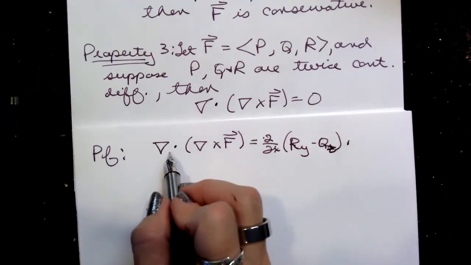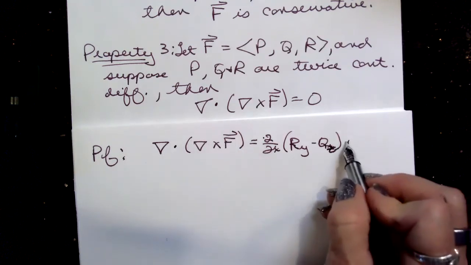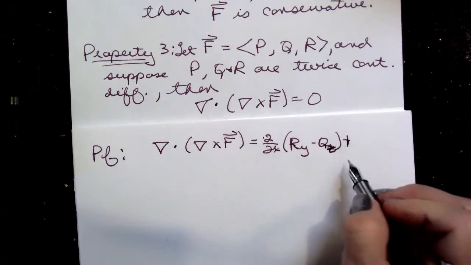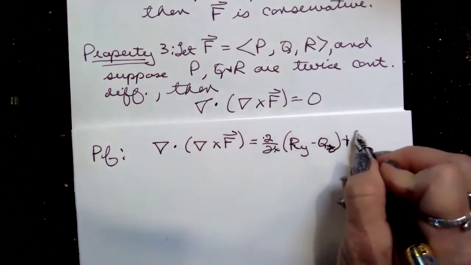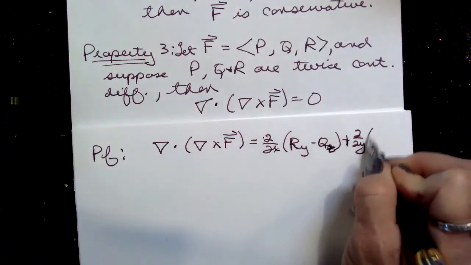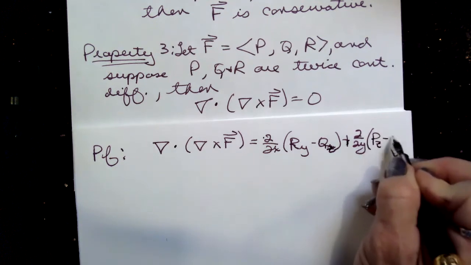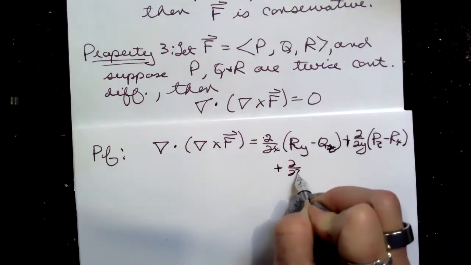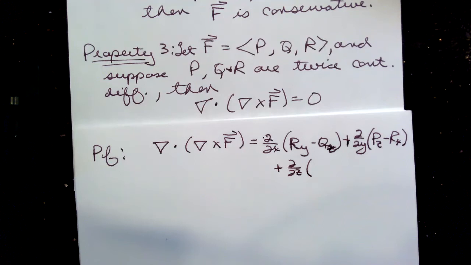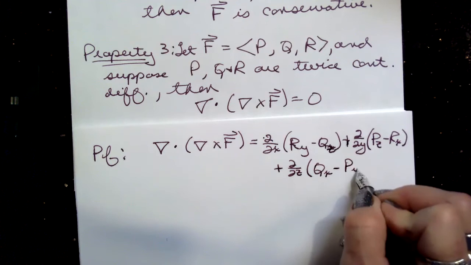So you take the first component of the gradient vector and the first component of the curl vector. Now you add to that the partial with respect to y applied to the second component of the curl, which was P sub z minus R sub x. And then the third component, same thing: the partial with respect to z applied to Q sub x minus P sub y.